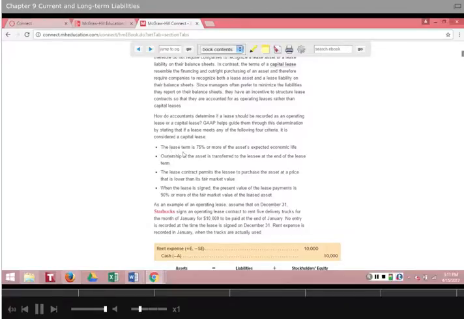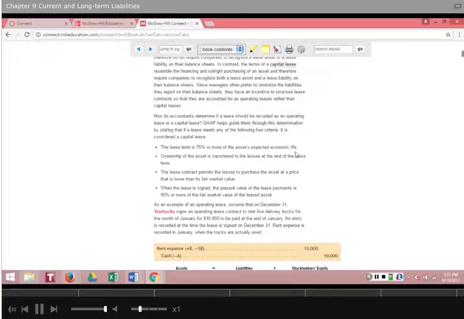So the four criteria are that the lease term is 75% or more of the asset's expected economic life. So, for example, let's say the asset we're leasing is a building with a 50-year life. If we are only signing a lease for 10 years with renewability for 10 more years, then 20 years is only 40% of the expected life of the asset.